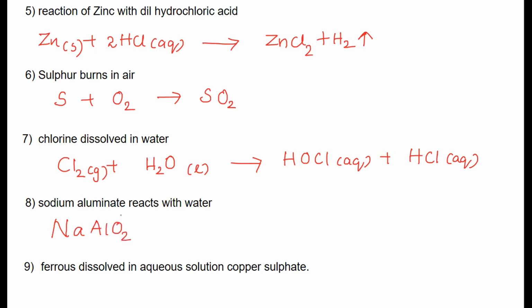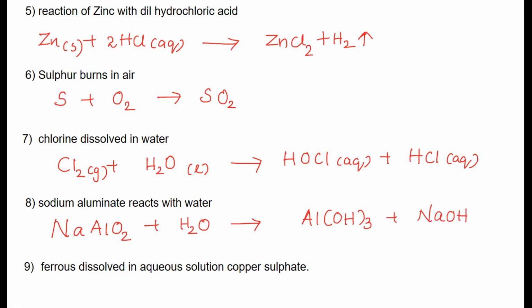Sodium aluminate reacts with water, H2O, and gives aluminum hydroxide, Al(OH)3, plus sodium hydroxide as the other product.